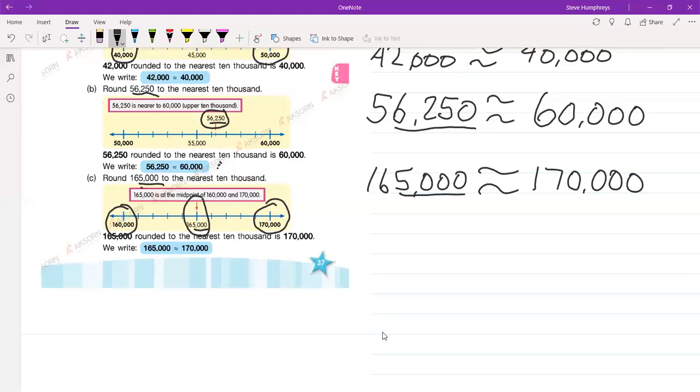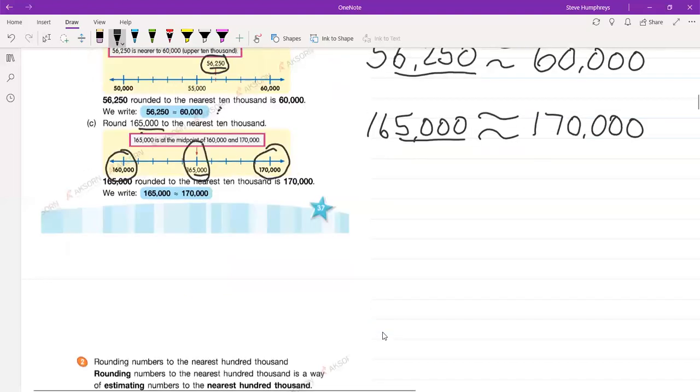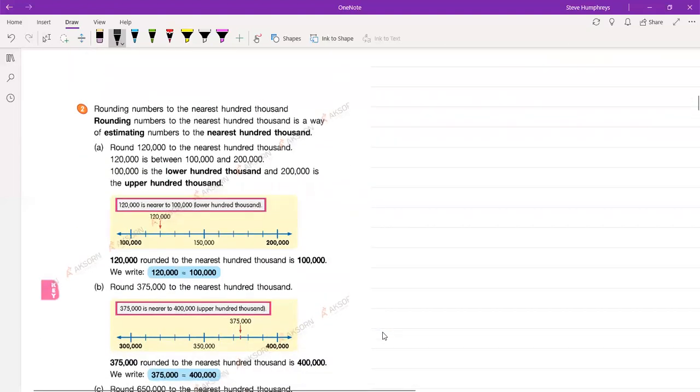Okay, doing very well, students. It is getting more difficult, but I'm sure you can do it. Now, let's go to the next page. Page 38. We're now rounding numbers to the nearest 100,000. We need to look at the last 5 digits.